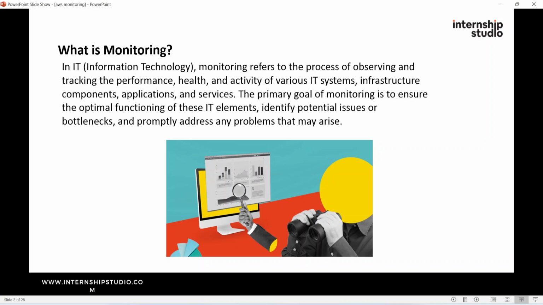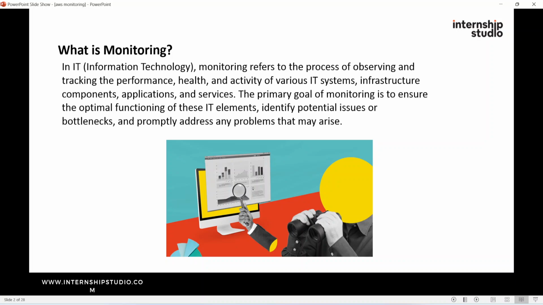Plant means the IT component, so it may be a server, a storage, or a load balancer, for example. Here the gardener identifies signs of distress, any potential pests. Pests means any cyber threats in our case, and nutrient deficiencies, which can lead to operational issues, through vigilant oversight.